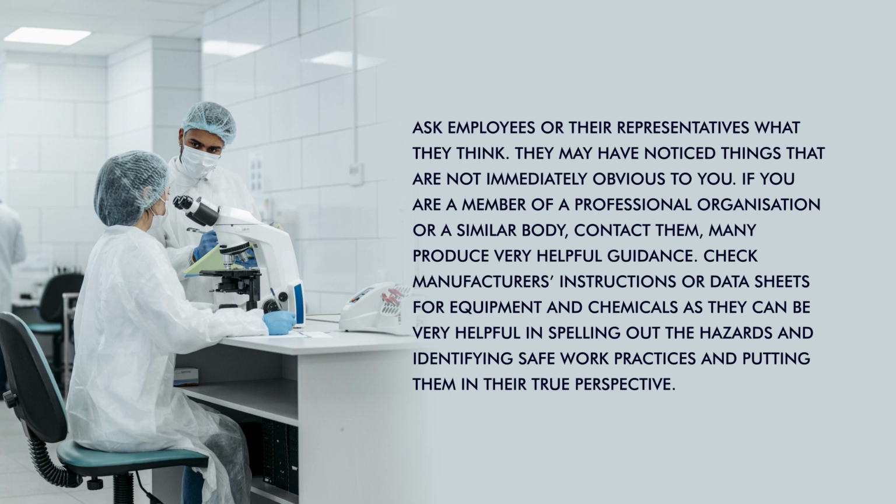If the person is a member of a professional organization or similar body, contact them, because many produce very helpful guidance. Another point: check manufacturers' instructions or data sheets for equipment or hazardous chemicals, as they can be very helpful in spelling out the hazards and identifying safe work.